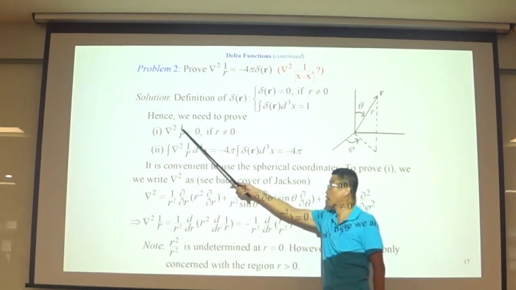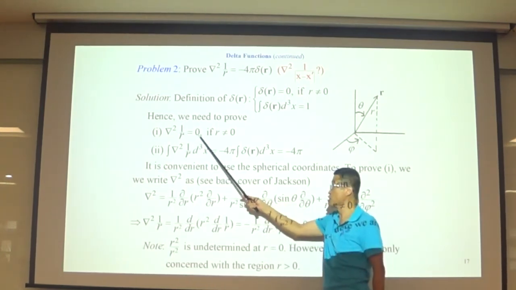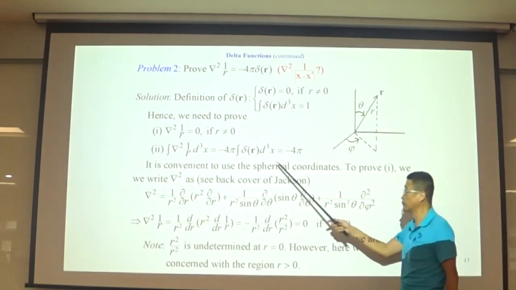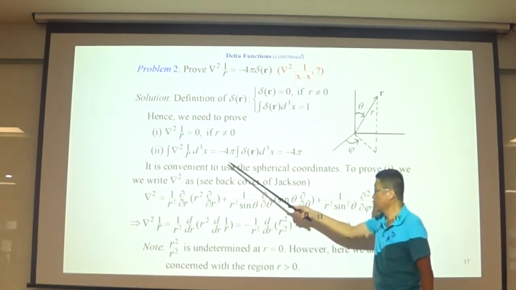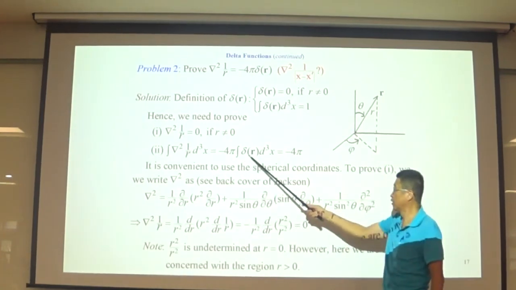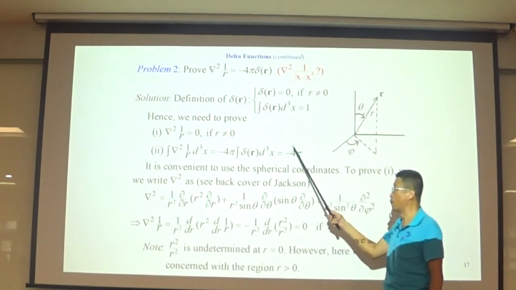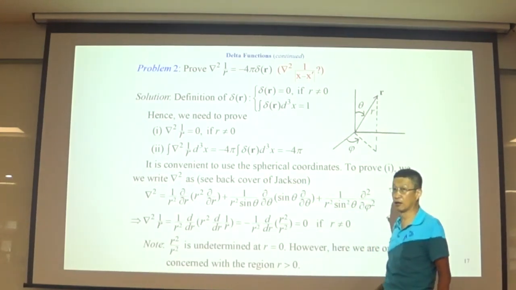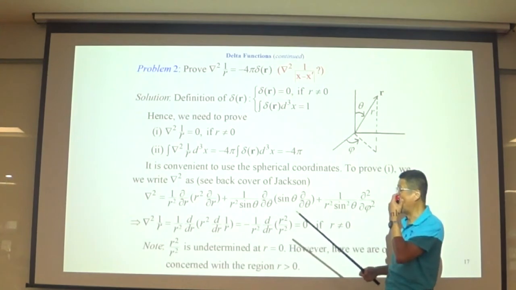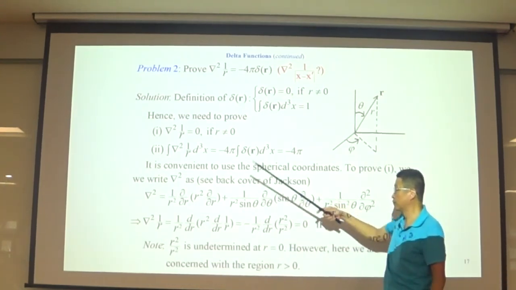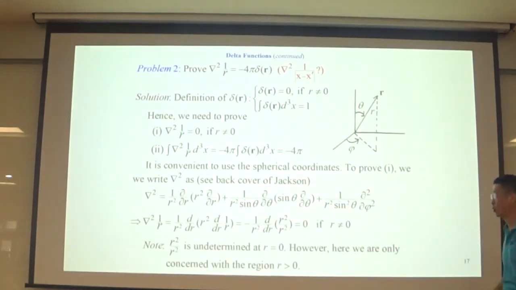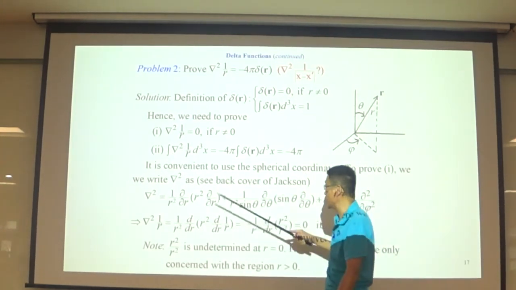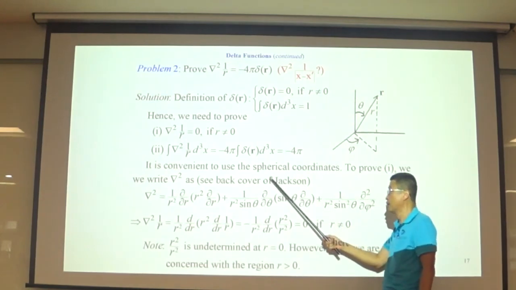One is that the Laplacian of 1 over r equals 0 if r is not equal to 0. Second, the integral gives us minus 4 pi if the enclosed region contains r equals 0, over the total volume, all the space.